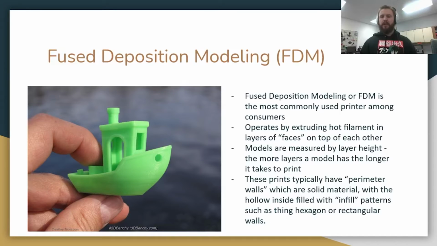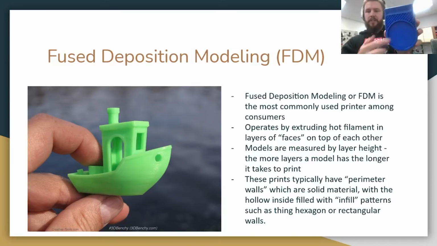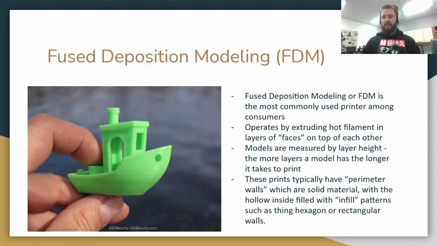These prints typically have what's called perimeter walls. I think a great example I have is right here. This is an unfinished 3D print. It actually failed halfway through. But you can see here that there's a solid outer wall. That's the perimeter of the 3D print. And then there's a rectangular infill on the inside so that it doesn't have to make a completely solid 3D print, which would not be cost effective.